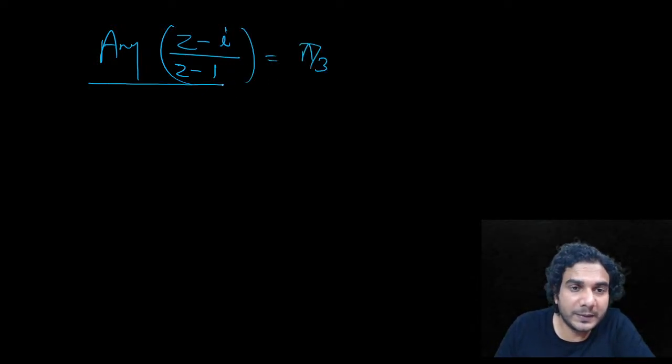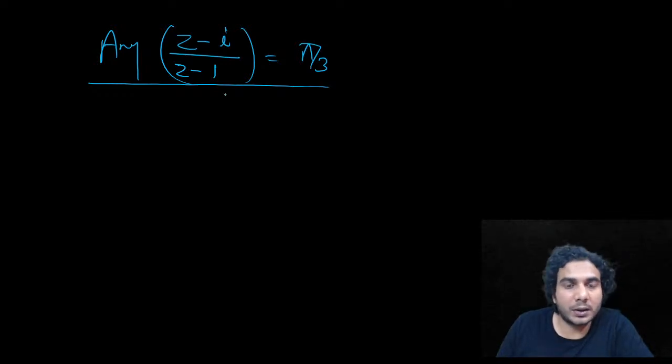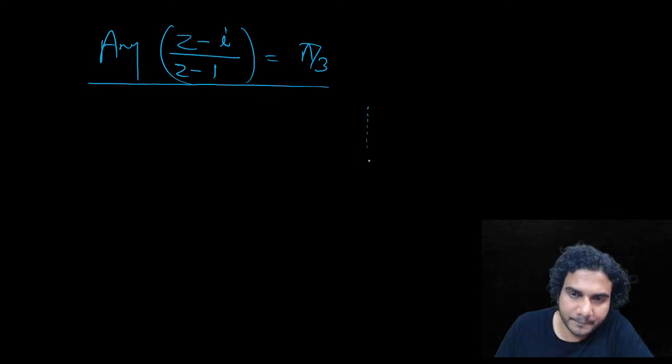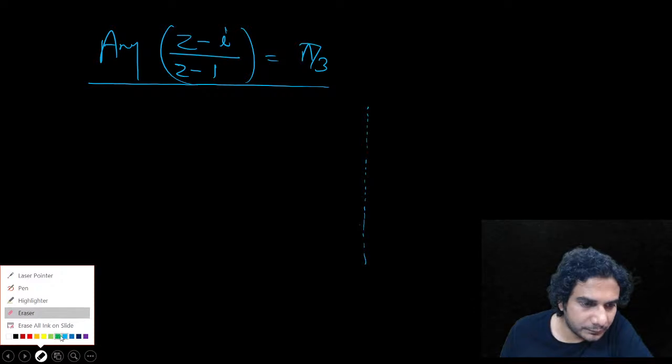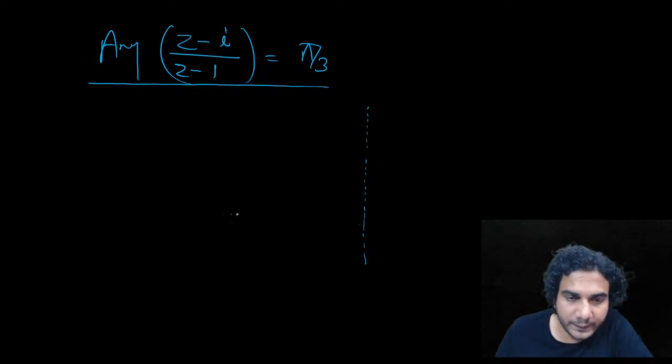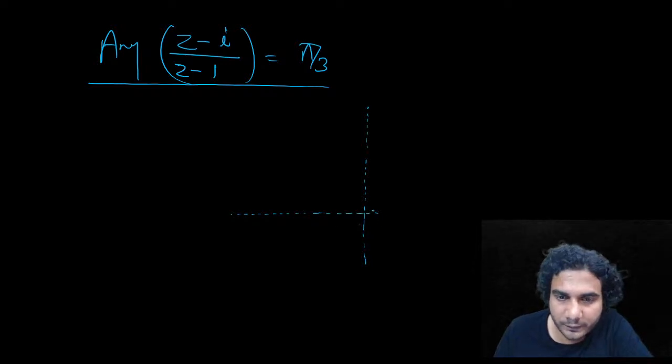So the angle is acute, that means it is going to be a major arc. It's slightly difficult to understand, but once you get the point of what I'm trying to explain, then it's easy to figure out.